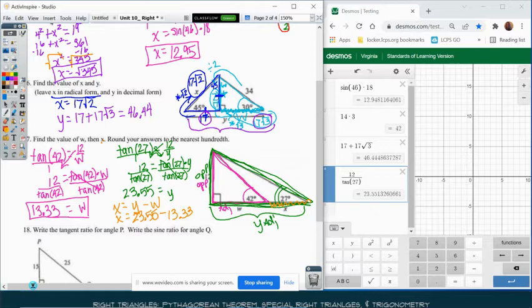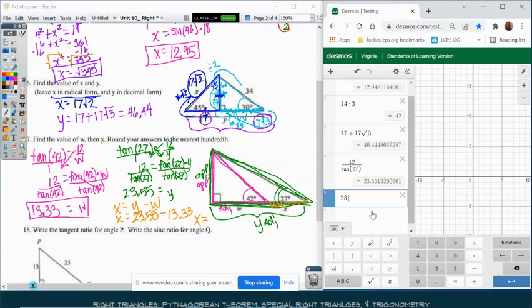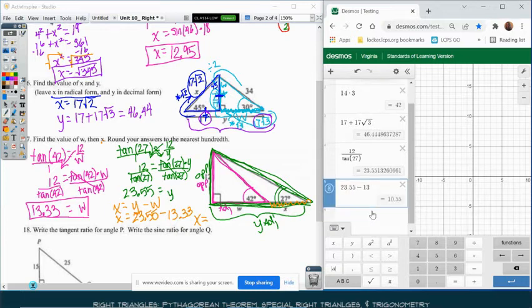I'm not going to be able to see that if I write on top of those directions for the next one, so we'll move it over this way. So 23.55 minus 13.33 puts us at 10.22 units for that x. So that was definitely a multi-step problem for us again.